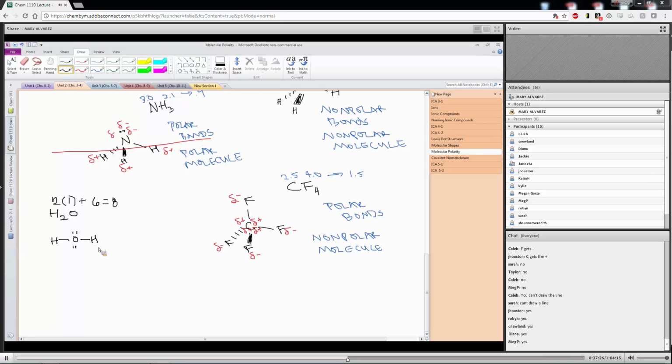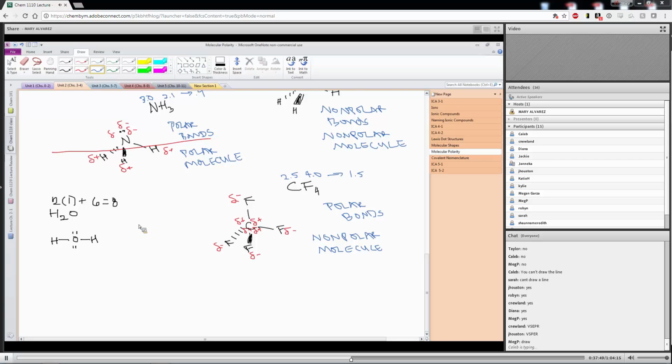Now, could I skip a step and just go straight to polar bonds? Can we try that? Or should we draw the VSEPR shape? Wouldn't it just be easier if I could just do it right here? Uh-oh, you guys are telling me I need to do the VSEPR.